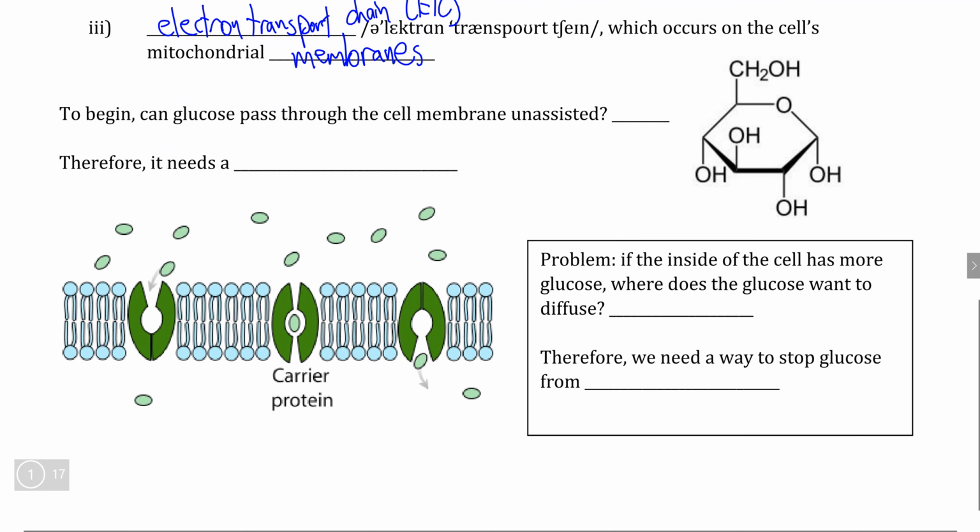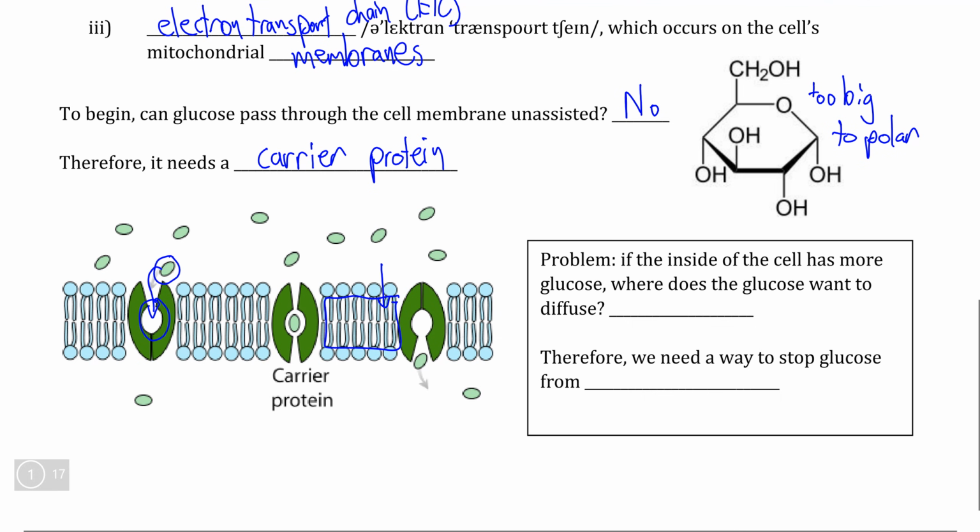So to start, if we remember our membrane transport systems, we can recognize that glucose is definitely too big in order to pass through the individual phospholipids of the phospholipid bilayer, and we also recognize that it is too polar to be able to move through the nonpolar sections of the phospholipid bilayer, which means that glucose, like every other large polar molecule, requires a specific carrier protein with an active site that is complementary to glucose's structure in order to enter the cell.